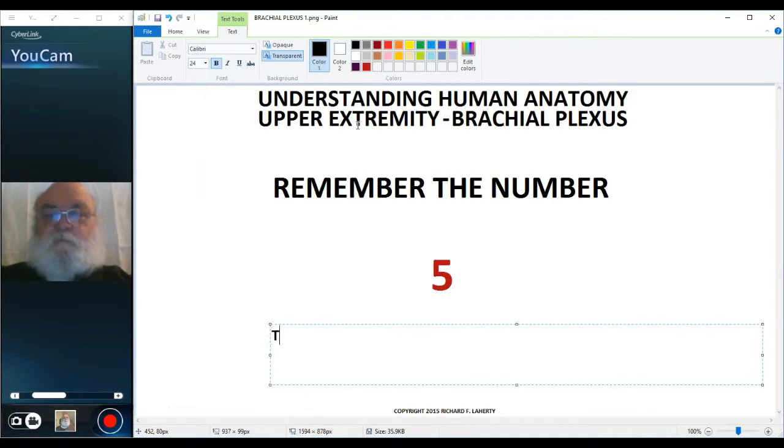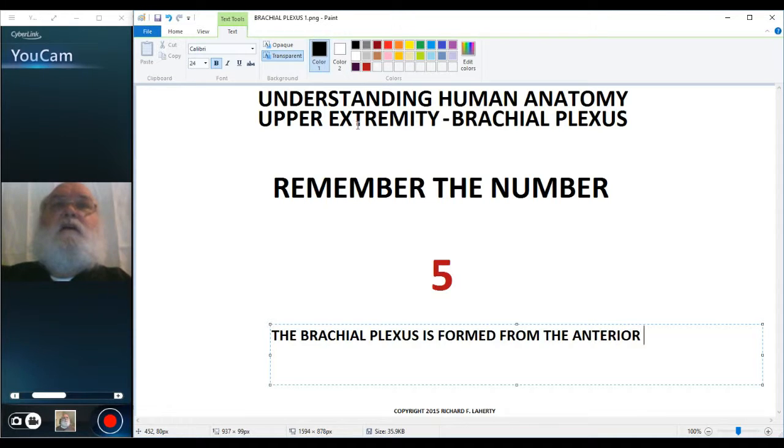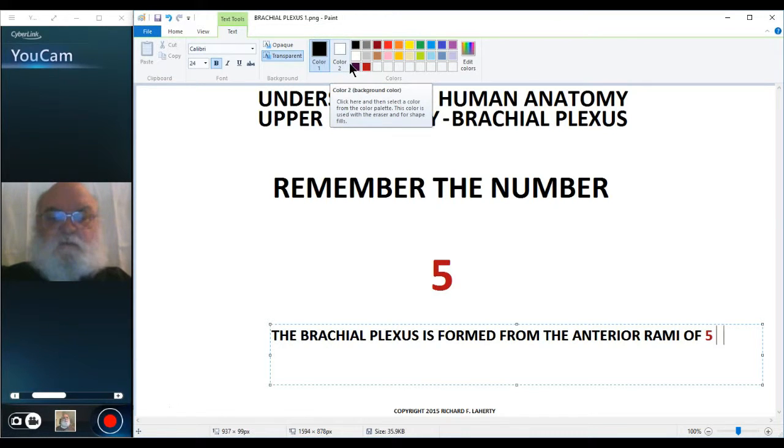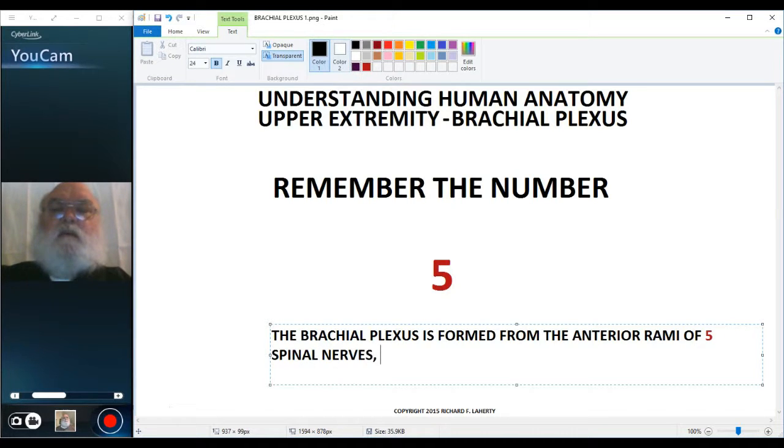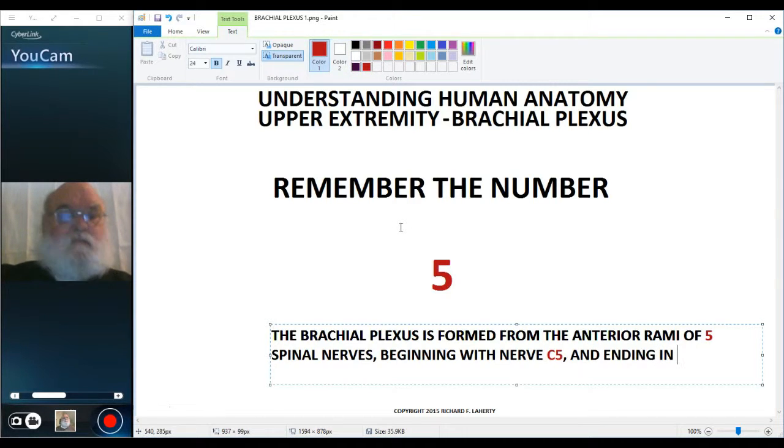The brachial plexus is formed from the anterior rami of 5 spinal nerves beginning with nerve C5 and then ending in 5 terminal nerves.